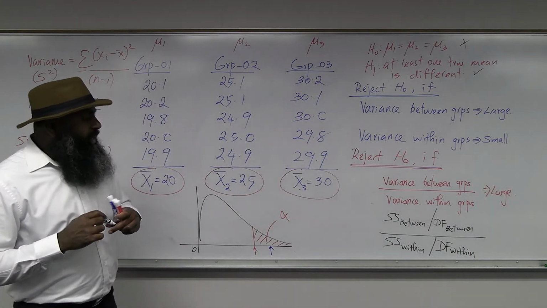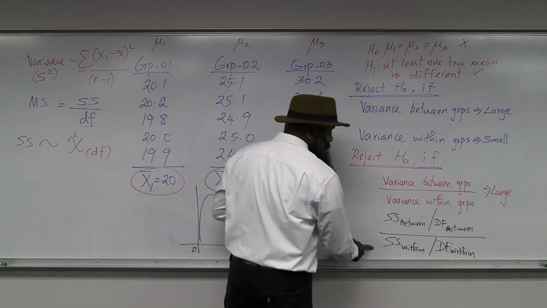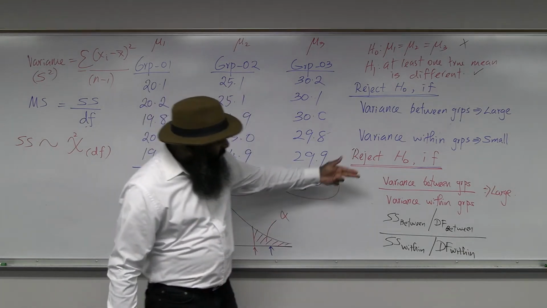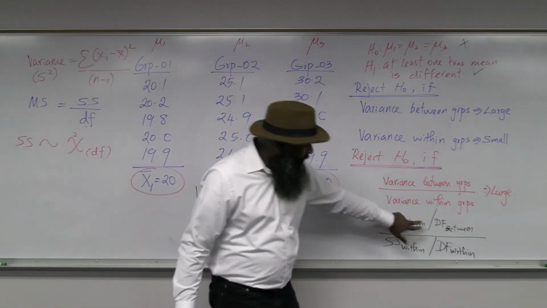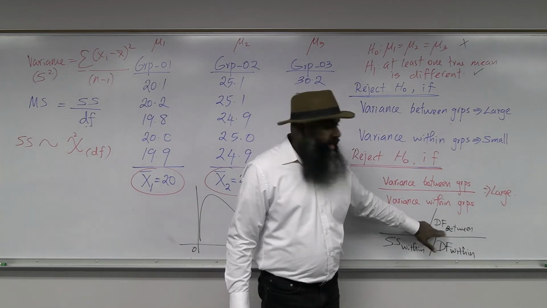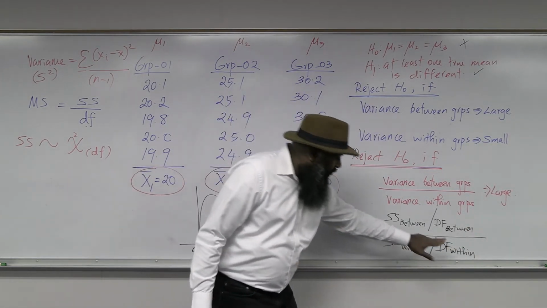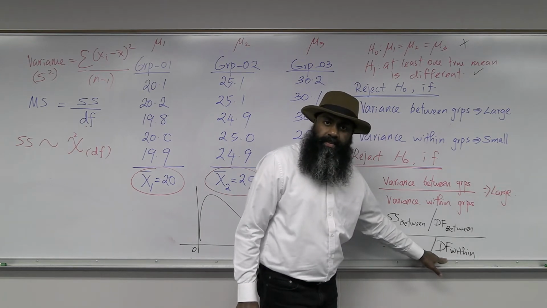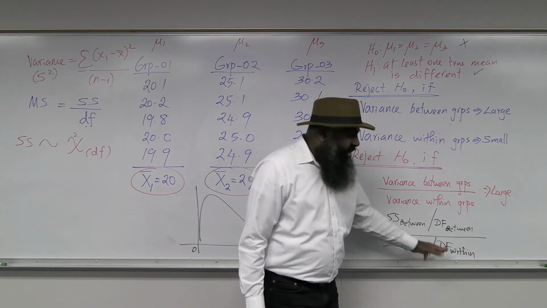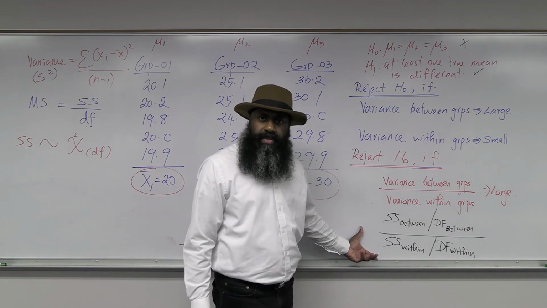Now, you must know this distribution. Take a chi-squared random variable divided by its degrees of freedom. Everything is divided by another chi-squared random variable and divided by its degrees of freedom. What's the distribution of this ratio?